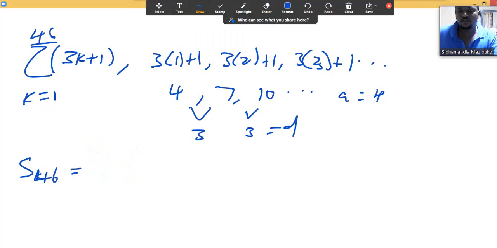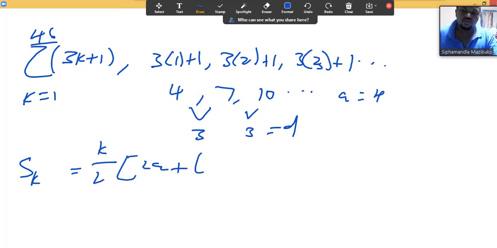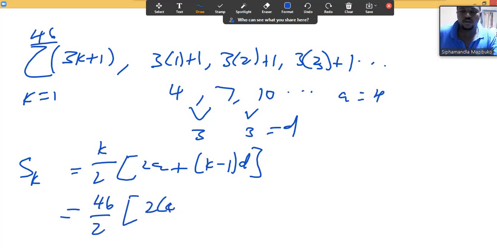So S_k is k over 2 times 2a plus k minus 1 times d. Our k is 46, so 46 over 2 times 2 times our a, which is 4, plus 46 minus 1, and our d is 3. Okay, so we can carry on from here.